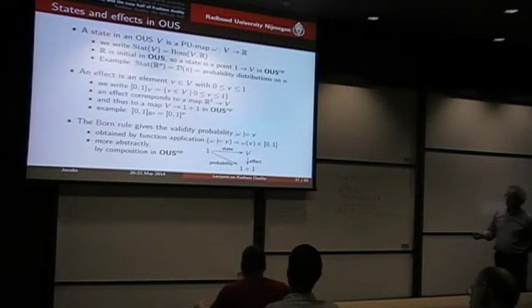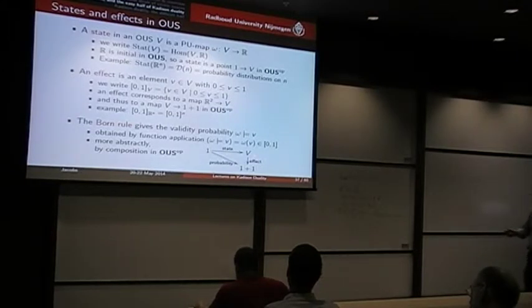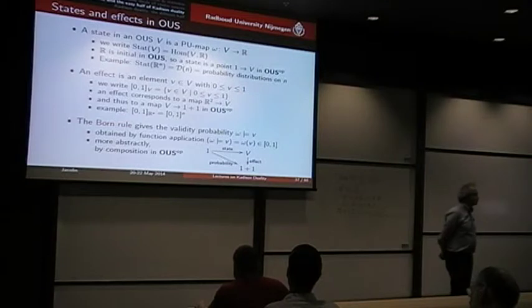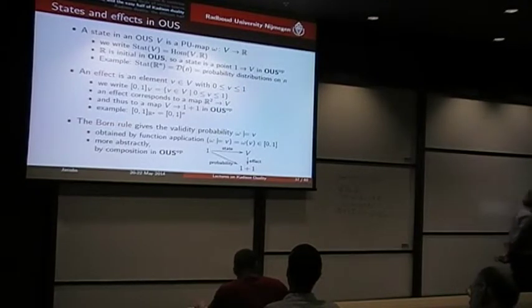And if you want to describe it a bit more abstractly in the opposite category, it is simply the composition of a state and the effect, which gives a map from 1 to 1 plus 1. And these correspond to probabilities in a more abstract setting. Again, this is a theme I will explore a bit more abstractly if we can. Any questions about that?